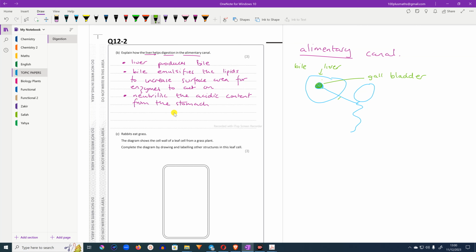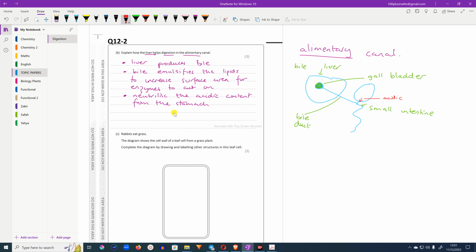It travels down the bile duct into the small intestine. What comes out of the stomach is partly digested food and it's acidic.